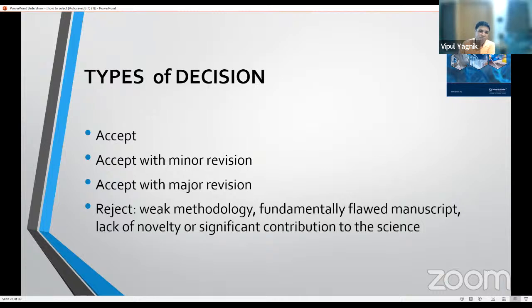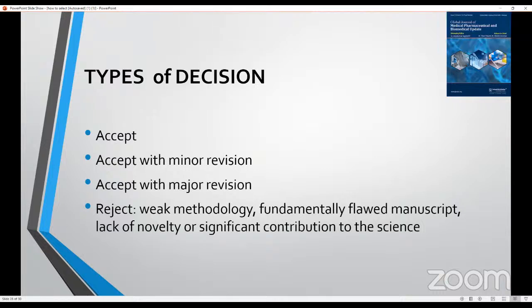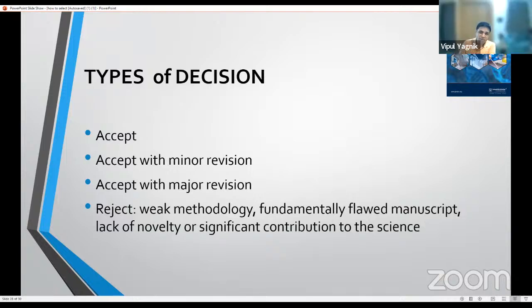So once the peer review has been completed, now it is time for the decision. How do we decide? Based on the peer reviewer comments, we can accept the article straightforward if it is of very good quality, it has followed all the journal guidelines, it falls within the scope of the journal, and it contributes or adds something new to the existing literature. Another decision can be accept with minor revision.